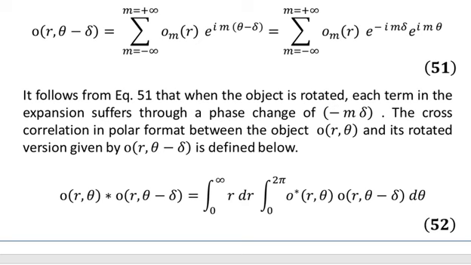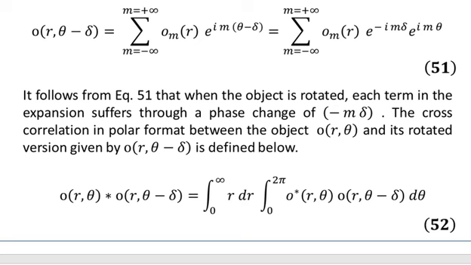You see that we have the radial part, and the integral is there for the radial part, and then we have the azimuthal part of theta from 0 to 2 pi, and the integrand contains the complex conjugate of O, which we call O star as a function of r and theta, multiplied by the rotated version of the object, that is O as a function of r, comma, theta minus delta, and the integration is with respect to d theta.